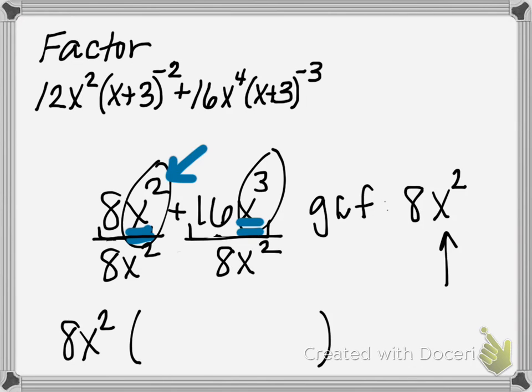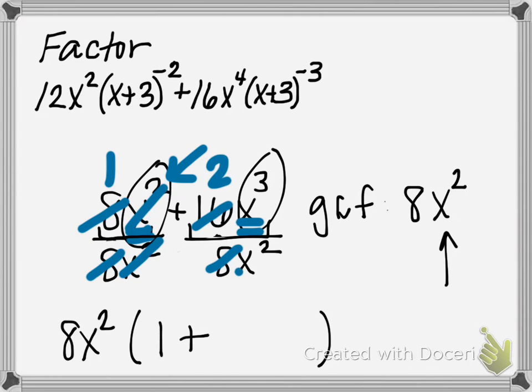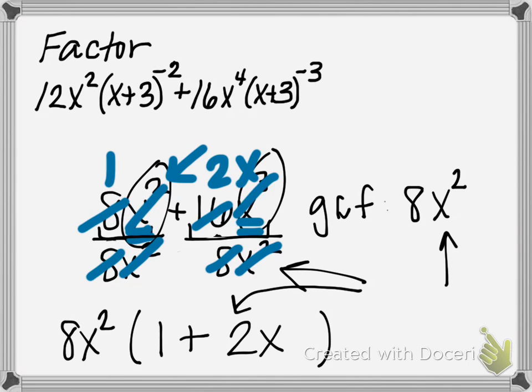So we see that 8 divides into 8 once, x squared divides into x squared one time as well, so we're just left with a 1, plus 8 divides into 16 twice, x squared divides into x cubed, x to the first power, so that would be a 2x remaining. So it's this division here that helps us determine what's left in this quantity when we factor.